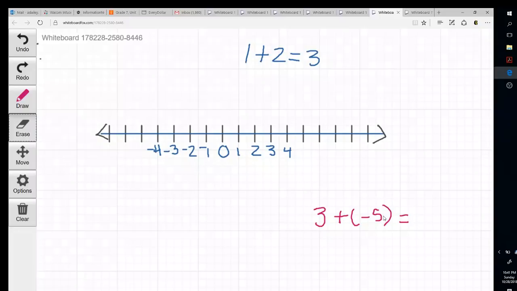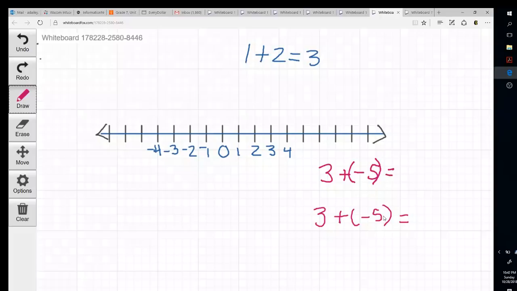However, there's nothing to do in these parentheses. That is just something to help clarify. If we didn't have those parentheses, the problem would look like 3 plus minus 5. Well, what in the world does plus minus mean? It doesn't mean anything. So we put the parentheses around to show that that is 3 plus negative 5.